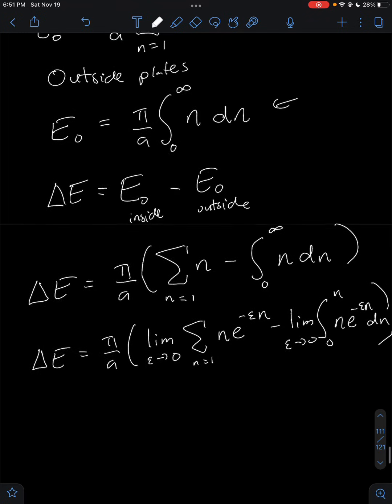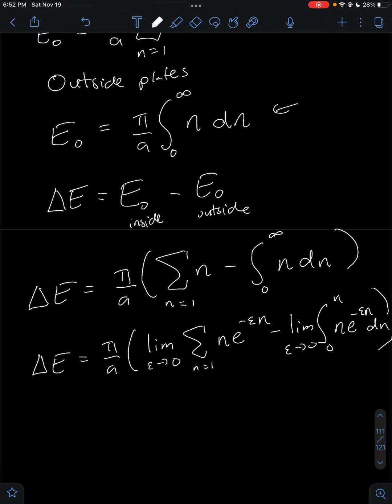All we're doing is multiplying the inside terms by 1, where 1 is just the limit as epsilon approaches 0 of e to the minus epsilon n.